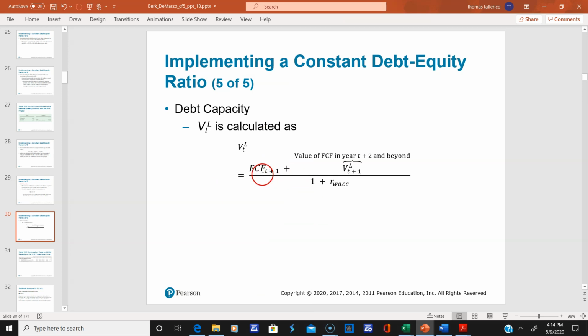And so this is the free cash flow at time t plus 1. And here's the value of the free cash flow in year t plus 2 and beyond, which is just the valuation at t plus 1, right? And that's times 1 over the weighted average cost of capital. So this gives you the valuation at time t. All right, so this space is just nothing. And if you look in the book, this should be right there, okay?